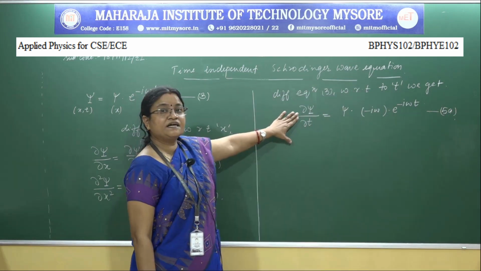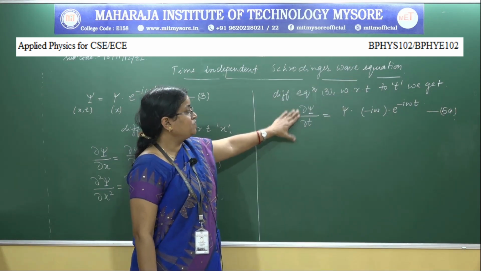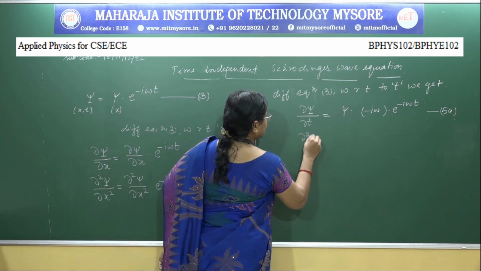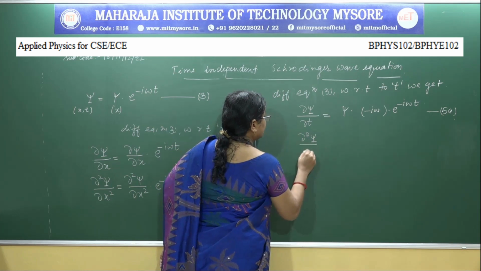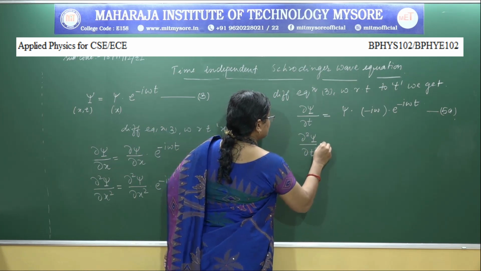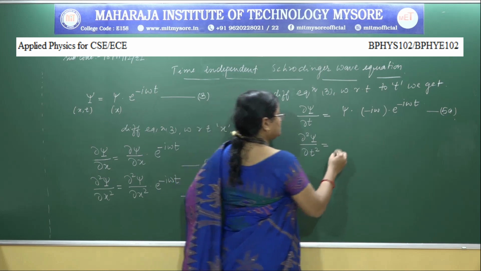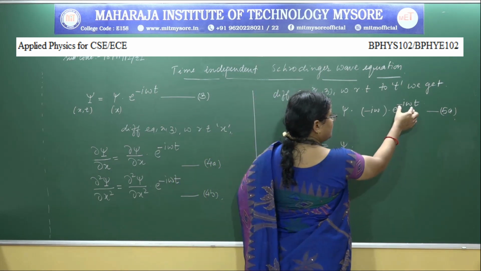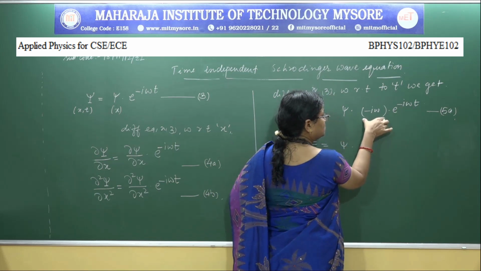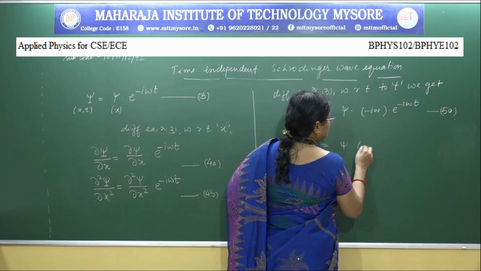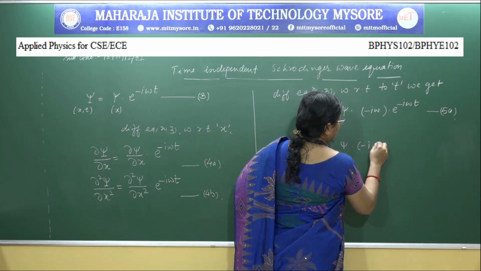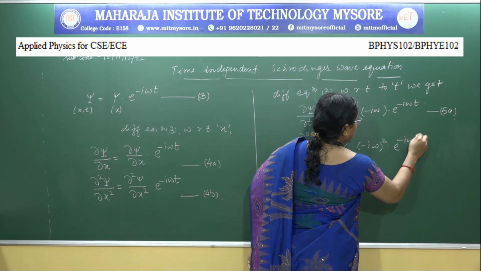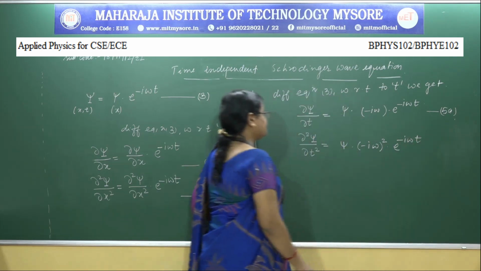So differentiating again equation 5a with respect to t, we get dou square psi by dou t square equal to psi, which we retain as it is, and again minus i omega will come in the multiplication, so we get minus i omega whole square exponential of minus i omega t.